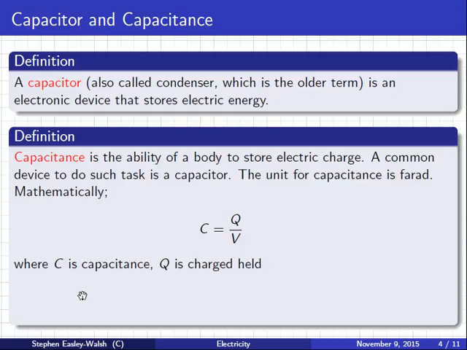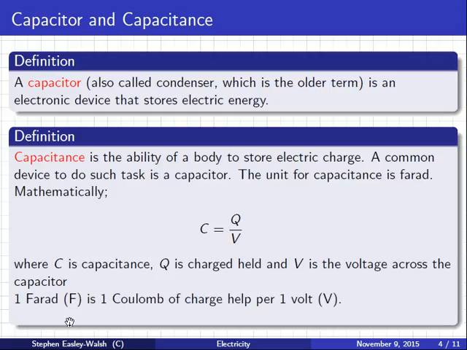So C is capacitance, Q is charge, and V is voltage around the capacitor. 1 farad is 1 coulomb of charge held per 1 volt.